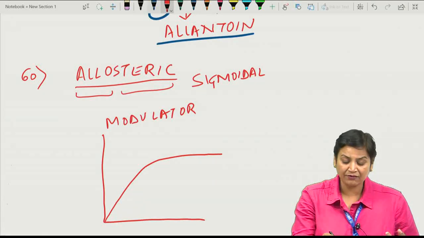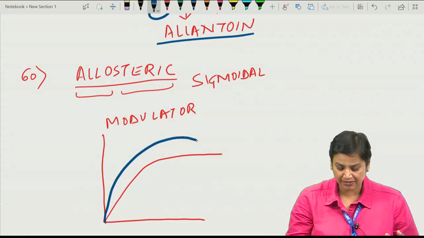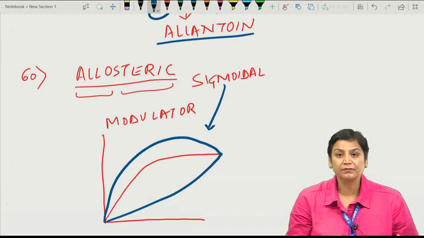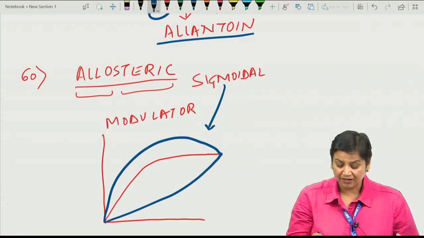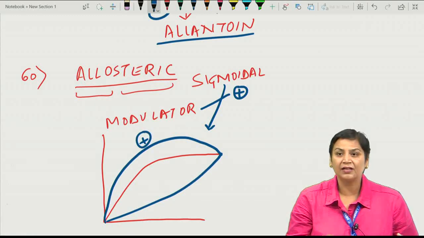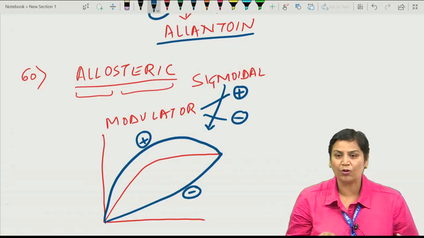But whenever we see the effect of allosteric inhibition, it will have either this type of graph or this. This is sigmoidal, and this is cooperativity. If this modulator is activating, this is positive cooperativity, and if it is deactivating, it is negative cooperativity.